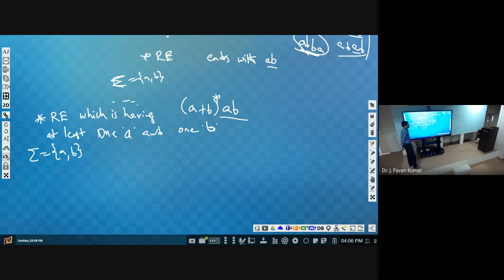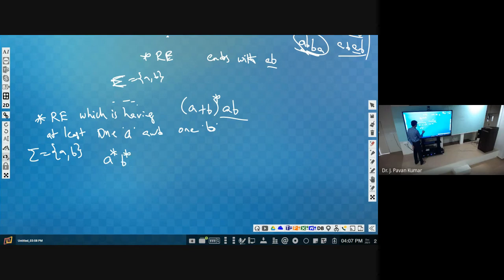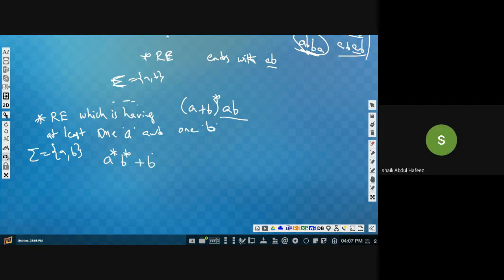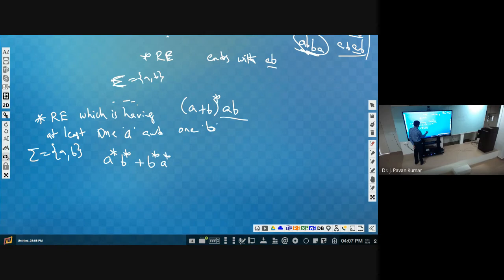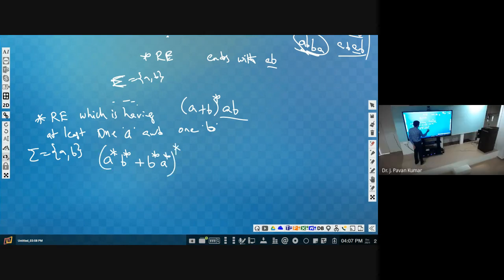Now you try to answer. Sir, A star B star plus B star A star, whole star. Whenever you put star, it automatically means zero or more occurrences.